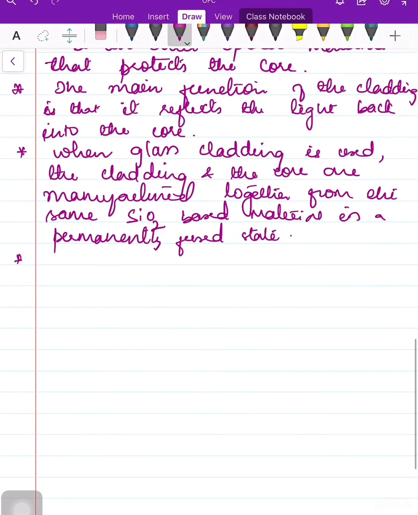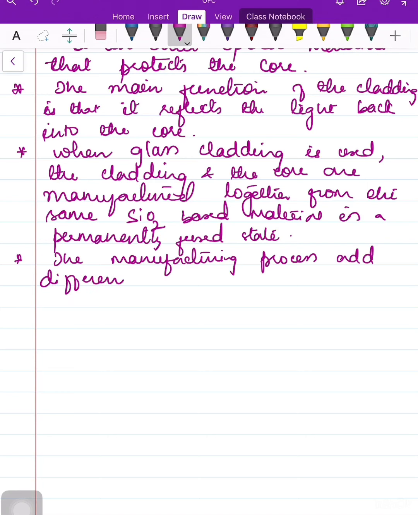Okay, so while the manufacturing process is carried out, what happens is they add different amounts of dopants to the core and the cladding.